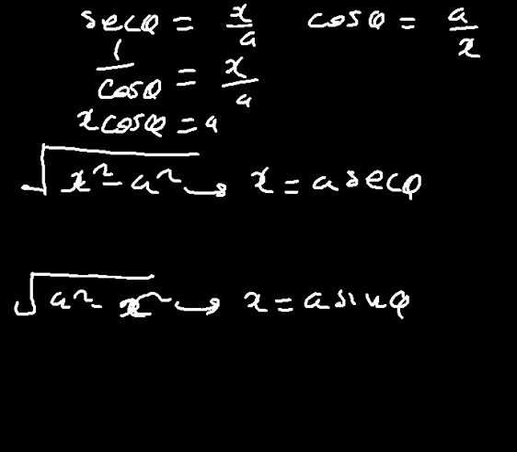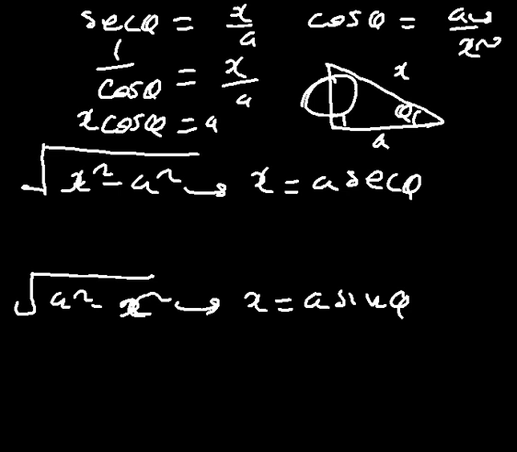According to the trigonometric ratios, this is adjacent and this is the hypotenuse. Then we come up with the right angle triangle: this is the angle theta, the adjacent is a, and the hypotenuse is x. Using the Pythagoras theorem, this side is the square root of x squared minus a squared.